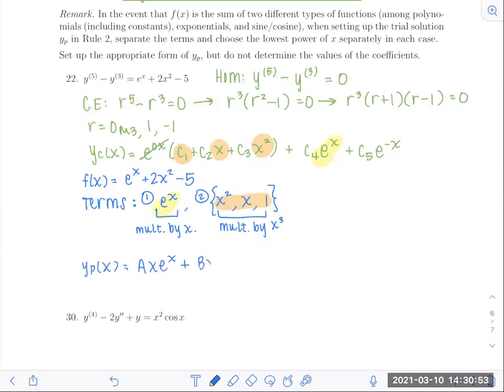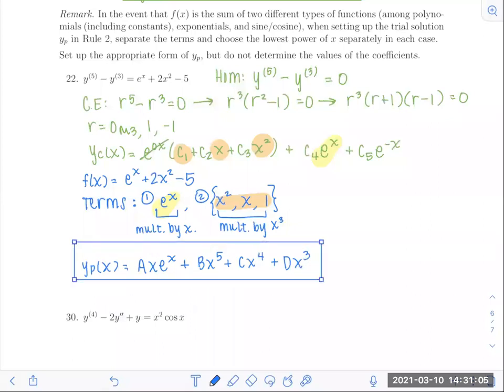So I get a B x to the fifth plus C x to the fourth plus D x cubed. And this right here is the setup for my particular solution. And I'm reminding you that we do not need to solve for the coefficients. They just wanted us to set up the form for that particular solution.